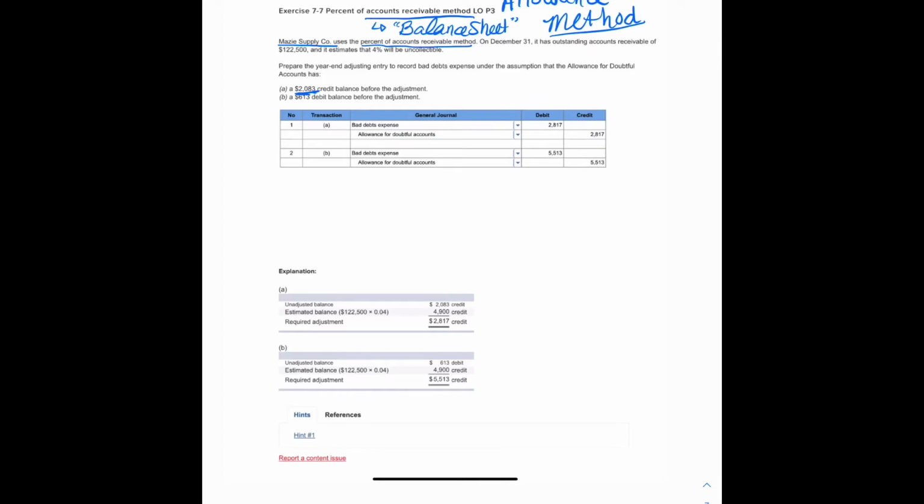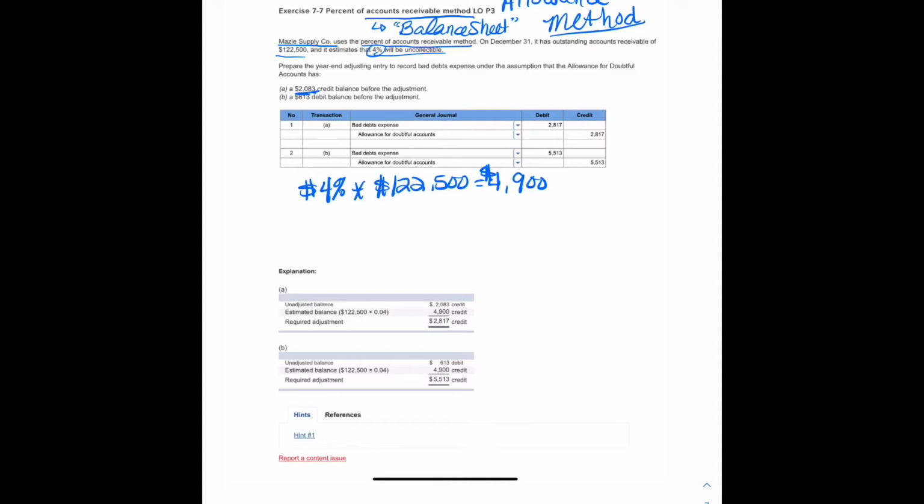And on December 31st, we have outstanding accounts receivable of $122,500. And we estimate 4% will be uncollectible. So the first step here then is to just take my 4% times $122,500. And when I do that, I'll get $4,900.